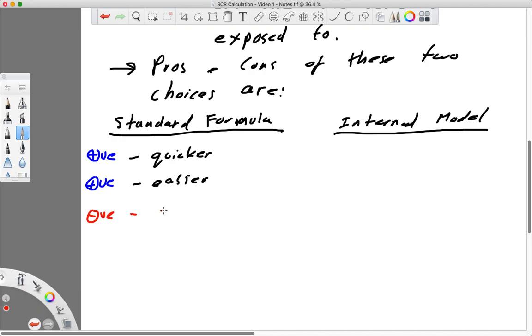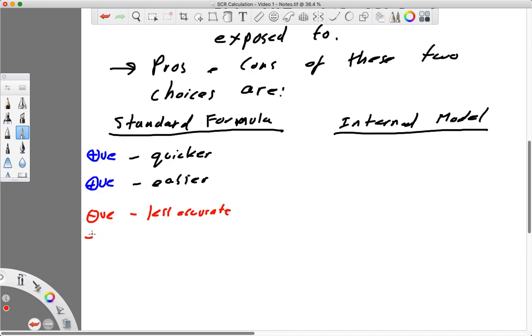A negative is that it is less accurate, because this standard formula is built to work for any company, and your own company will have specific things that are unique to it. So in some sense the standard formula is less accurate.